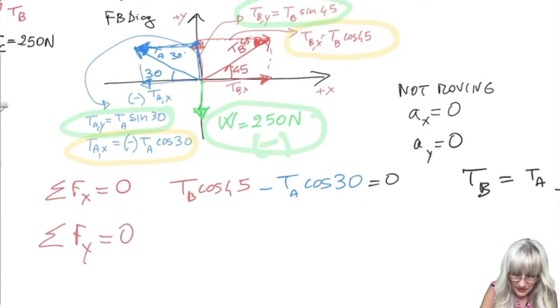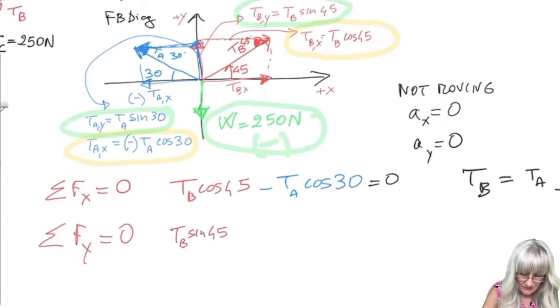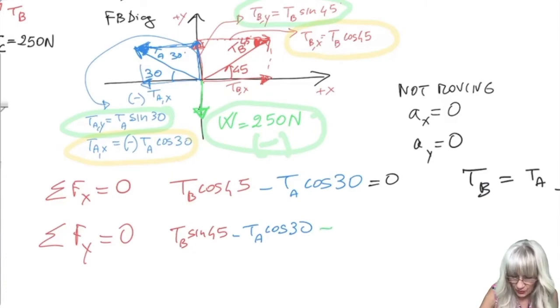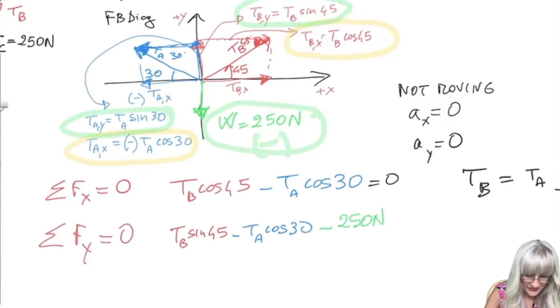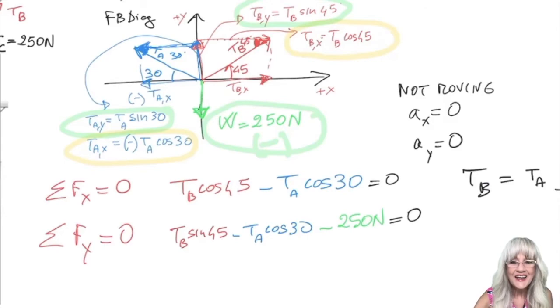Let's start with T of B sine of 45. Then in blue ink, minus T of A cosine of 30, and then minus, I would say the weight, I'm going to just plug it in, minus 250 Newton equal 0. Okay.